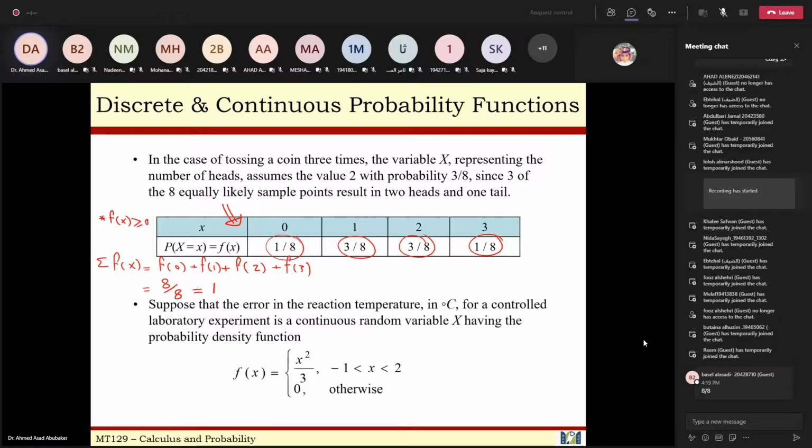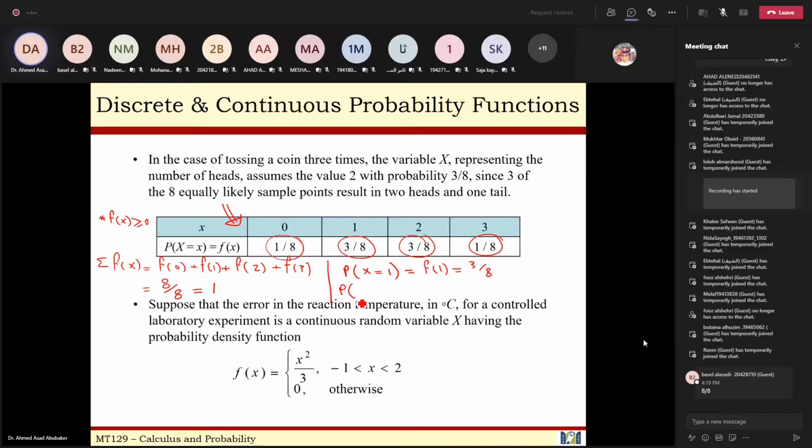Now, if we need to find, for example, the probability at x equal 1, this is easy. This is equal to f of 1, which is 3 over 8.